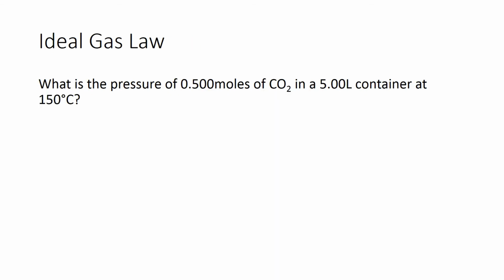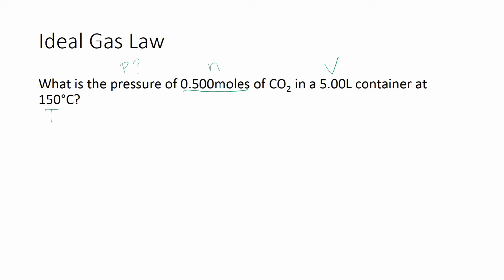Alright, again, I'm telling you this is the ideal gas law, but let's work this problem as if we didn't know, so that we can figure out how to approach these problems on a test or a worksheet. So I want to know what the pressure is, so my pressure is unknown, of a 0.500 mole, that's my n, of CO2 in a 5.00 liter container, which tells me its volume, at 150 degrees Celsius, that's temperature.